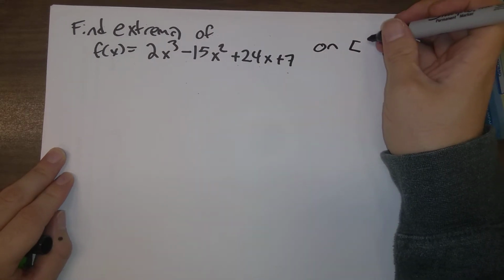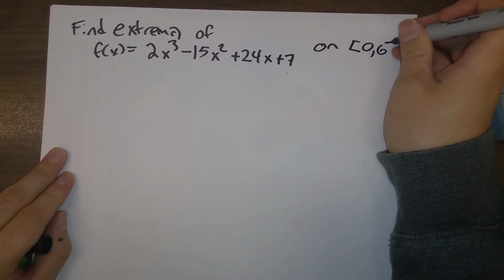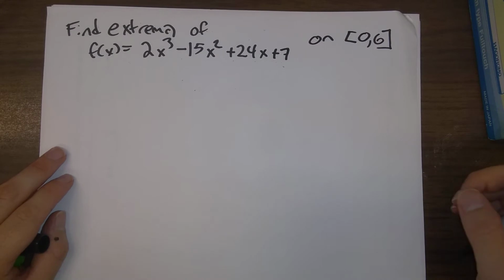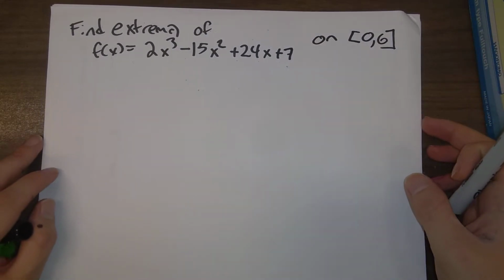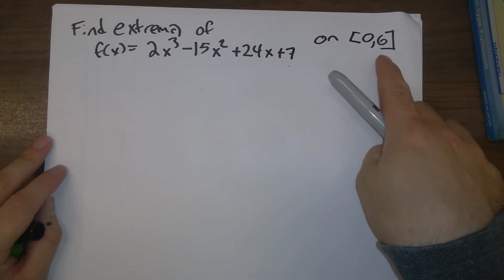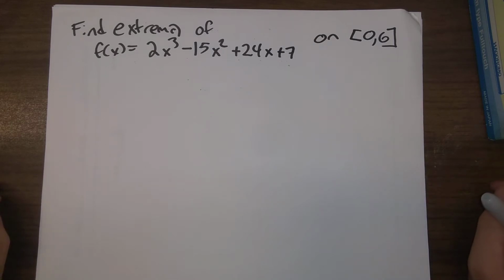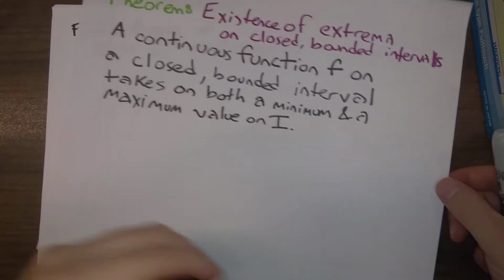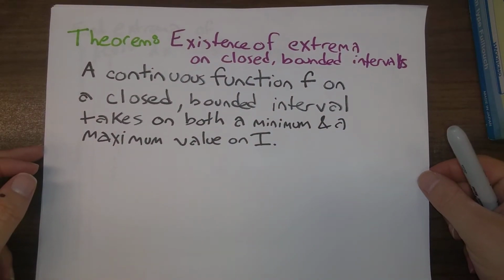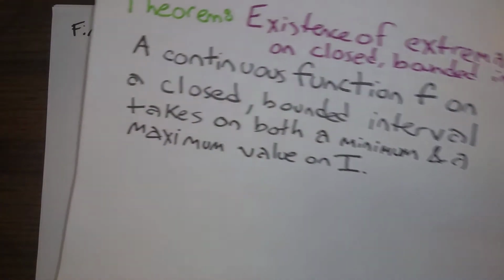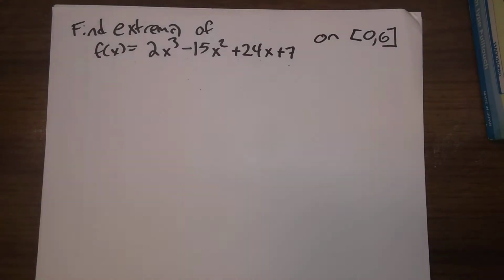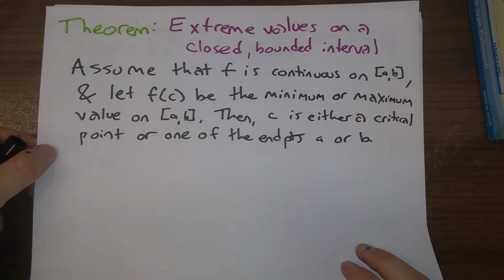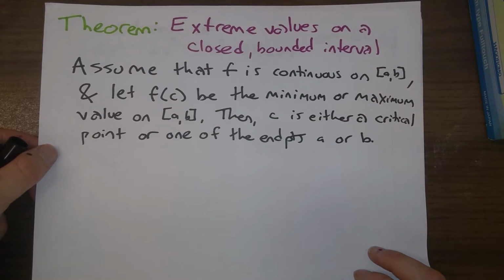And we have to say what interval we're going to try to optimize this on. It's the closed interval 0 to 6. It's a continuous function on a closed bounded interval. We know from our previous theorems that we are guaranteed to have absolute max and min from this theorem here. And we also know that the only places we have to check are critical points and endpoints.